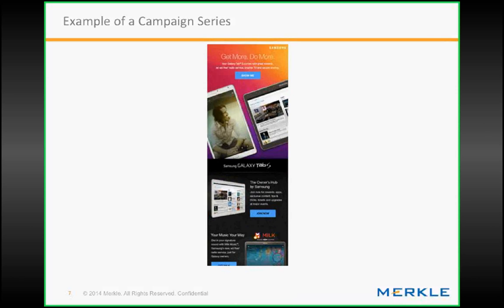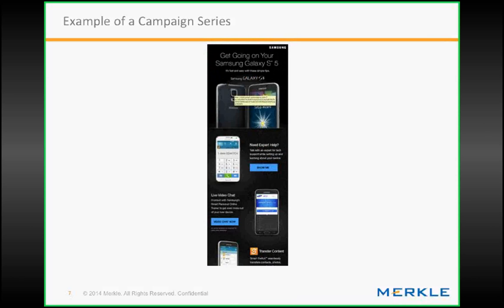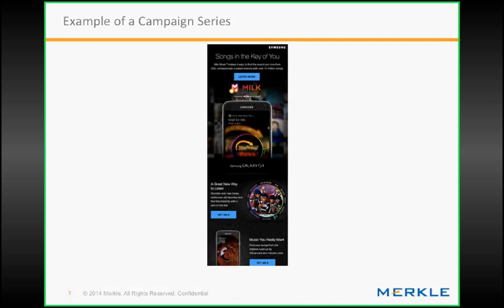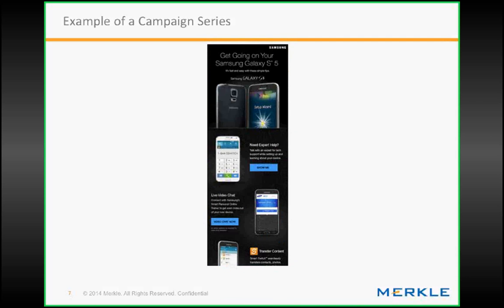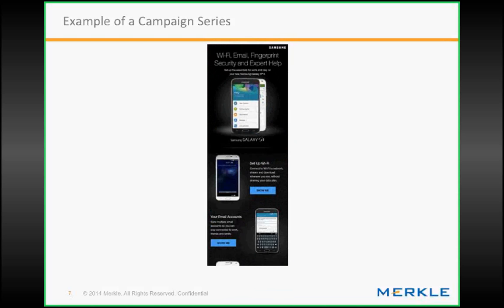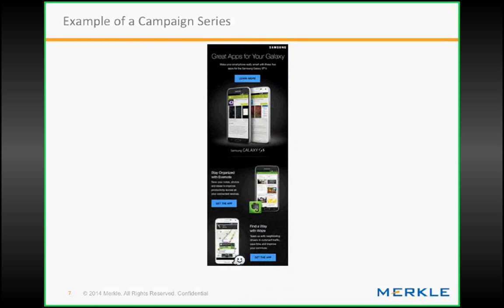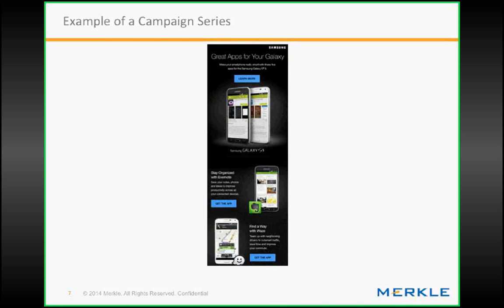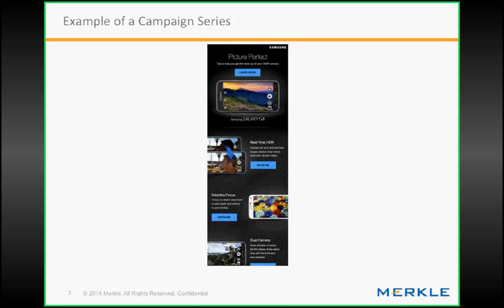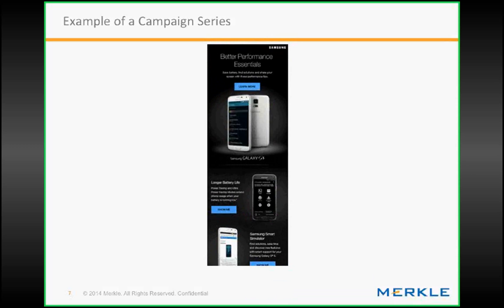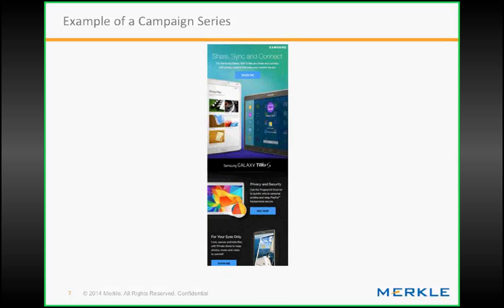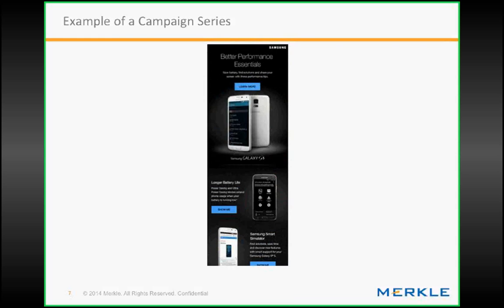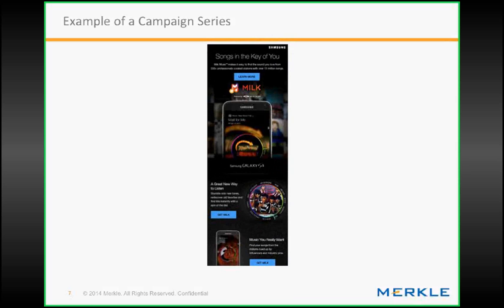You might ask, well, I might have an email that has one structure that has 4 versions inside of it, and then we might have two other segmented emails that have 2 different structures. What we would consider that is a 3-series email with one of them having 3 versions associated with it.